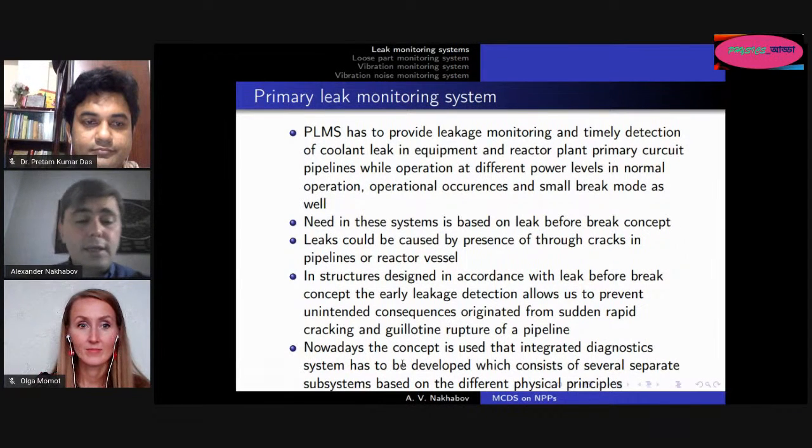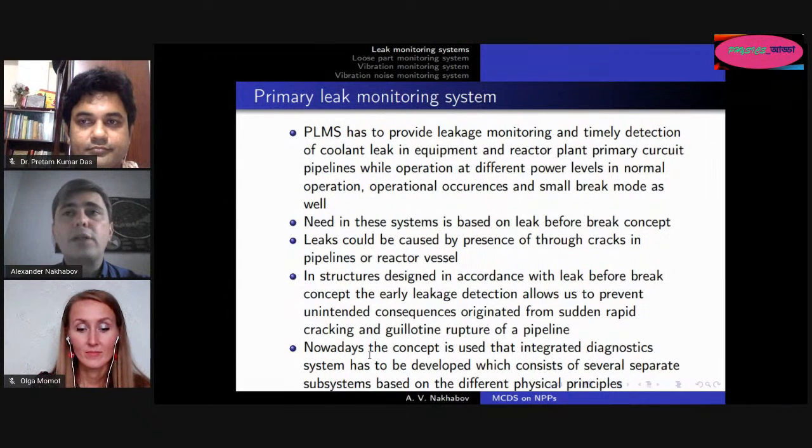So the next idea, the last one on this slide: the conception is that it's better to use not only one physical principle to find possible leakages in pipelines, but it's a very good idea to use several channels simultaneously. What does it mean?